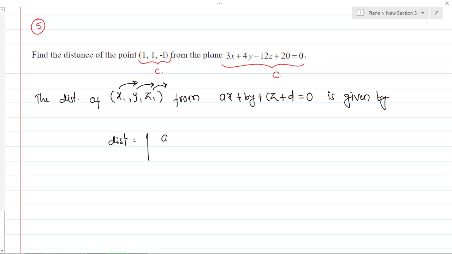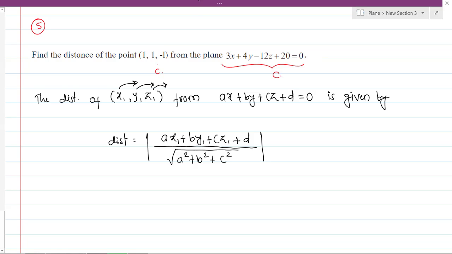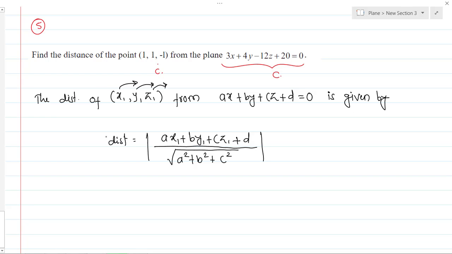So you will have ax1 plus by1 plus cz1 plus d, as it is, divided by root of the squares of these direction ratios, that is root of a square plus b square plus c square. That's it. This is the distance formula in the Cartesian form. It is very simple compared to the vector form. So please make note of this formula.